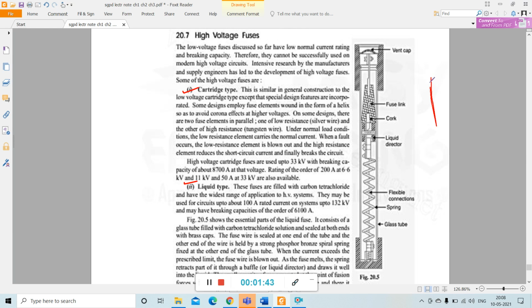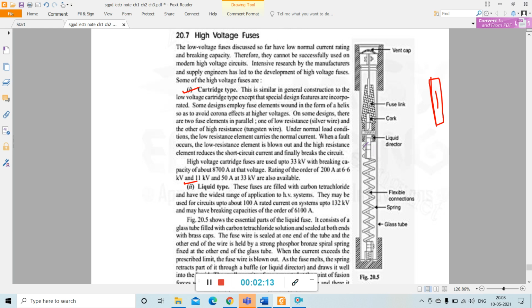If the fuse element is connected straight, then in case of high voltage there may be corona effect. That's why the fuse element is wound in the form of a helix.